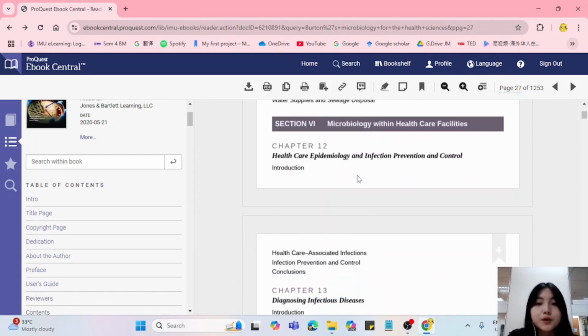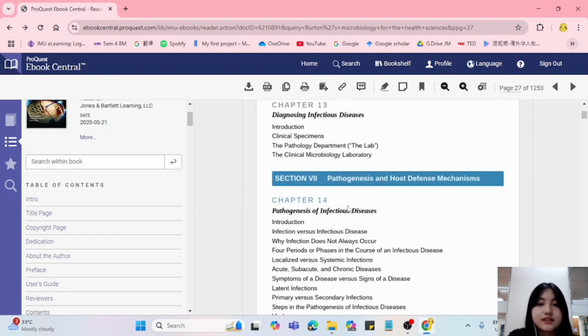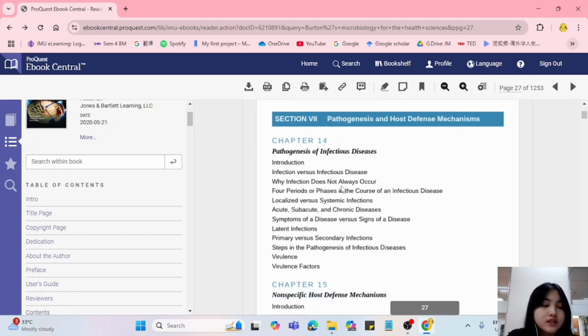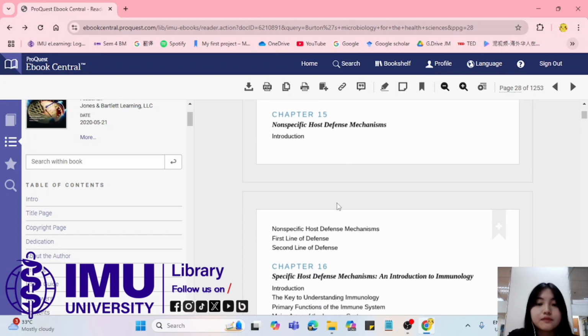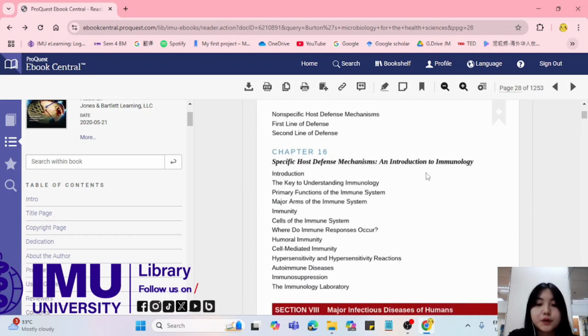Section 6, Microbiology within Healthcare Facilities, focuses on healthcare epidemiology and infections, prevention and control, and diagnosing infectious disease. Section 7, Pathogenesis and Host Defense Mechanisms, includes the pathogenesis of infectious disease, non-specific host defense mechanisms, specific host defense mechanisms, and an introduction to immunology.